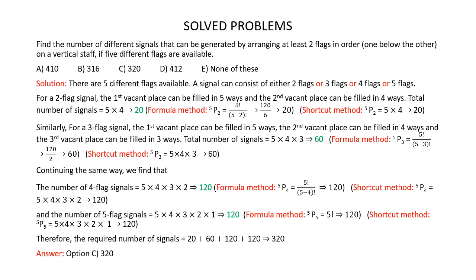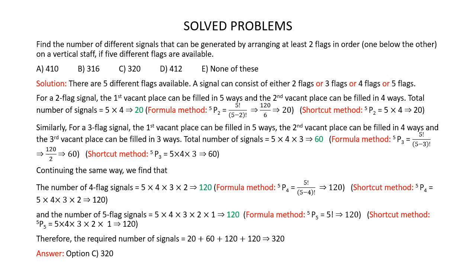Now since one flag has already been used to fill the first vacant place, the second vacant place can be filled by any of the remaining 4 flags. So the second vacant place can be filled in 4 ways. So the total number of signals is equal to 5 multiplied by 4, which is 20.